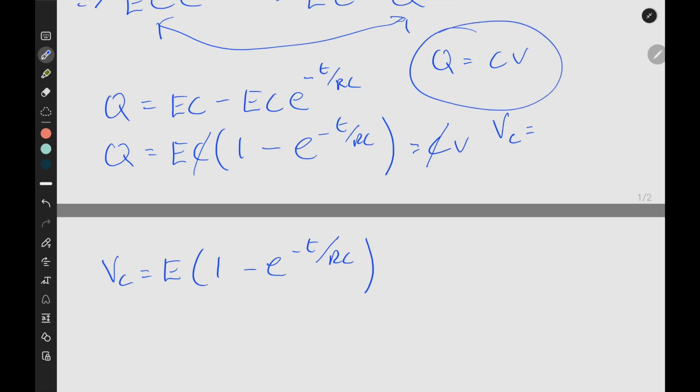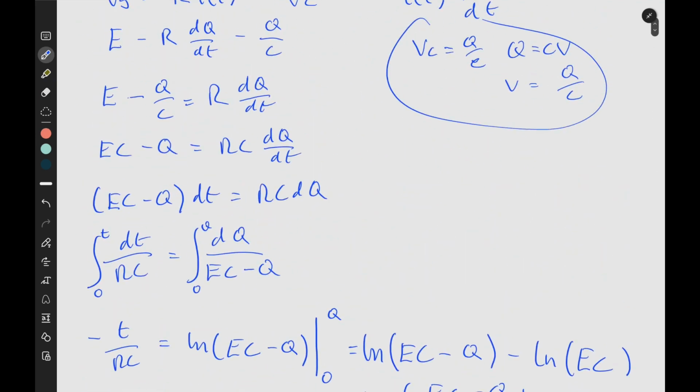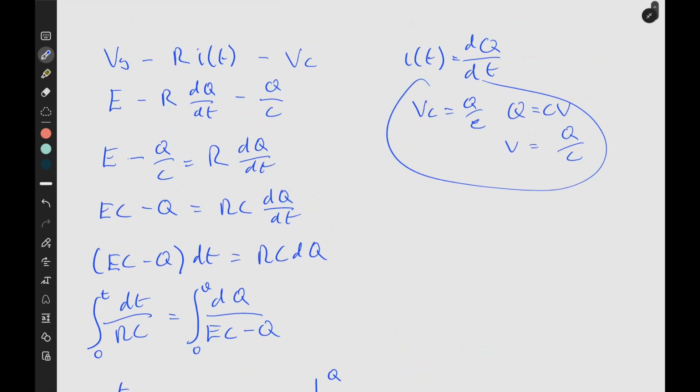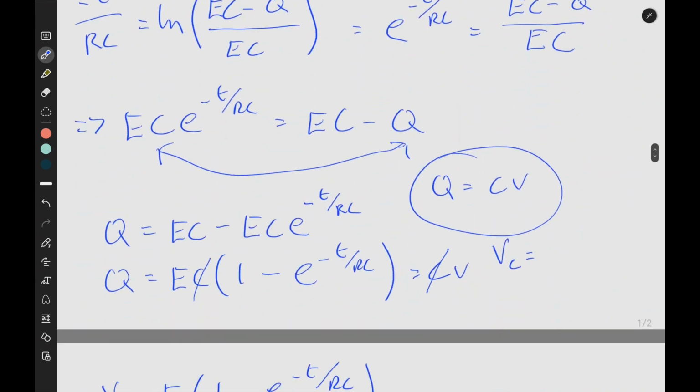So we work out q, and then at the end we just swap it back for V. And I think it's much easier because you're dealing with dq by dt, which is a separable differential equation.